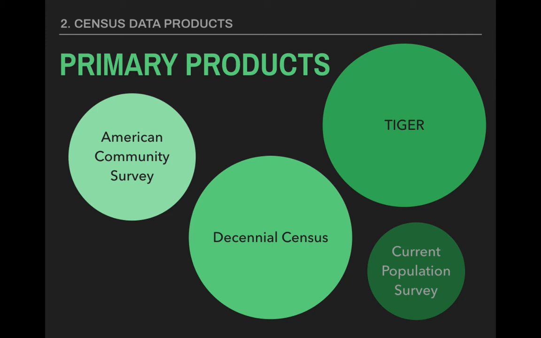They also collect something called the Current Population Survey, designed to provide kind of detailed economic data on individuals in the United States in a representative fashion. And they produce Tiger. Tiger is the primary source of spatial data for the United States as a whole.